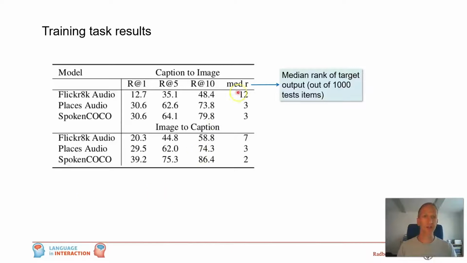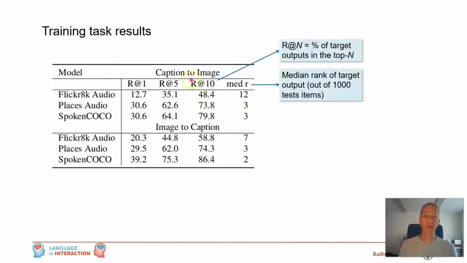So here you see the median rank of the target output, so the correct output in the 1000 list. This 12 means that, in the median, the 12th item in this ranking, given the caption, is the correct image, and here the 7th item, given the image, is the correct caption. So lower is better, it's higher in the ranking.